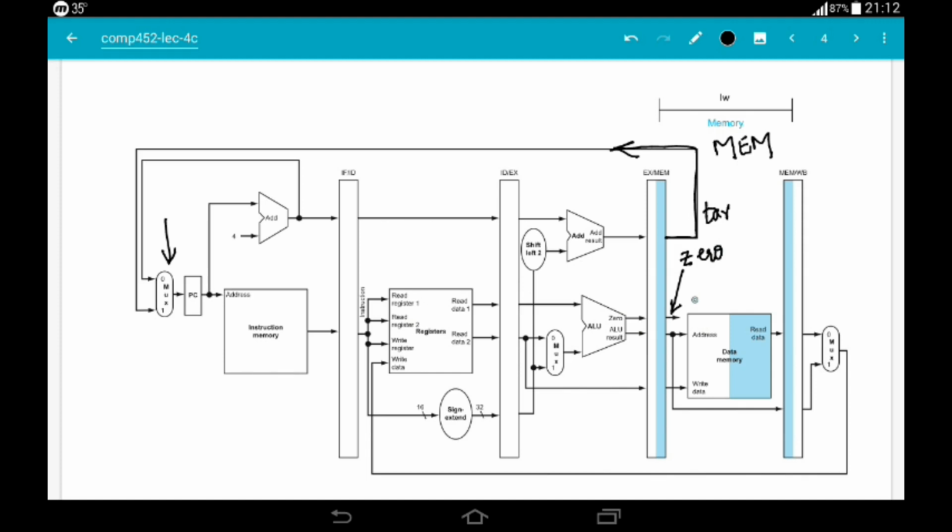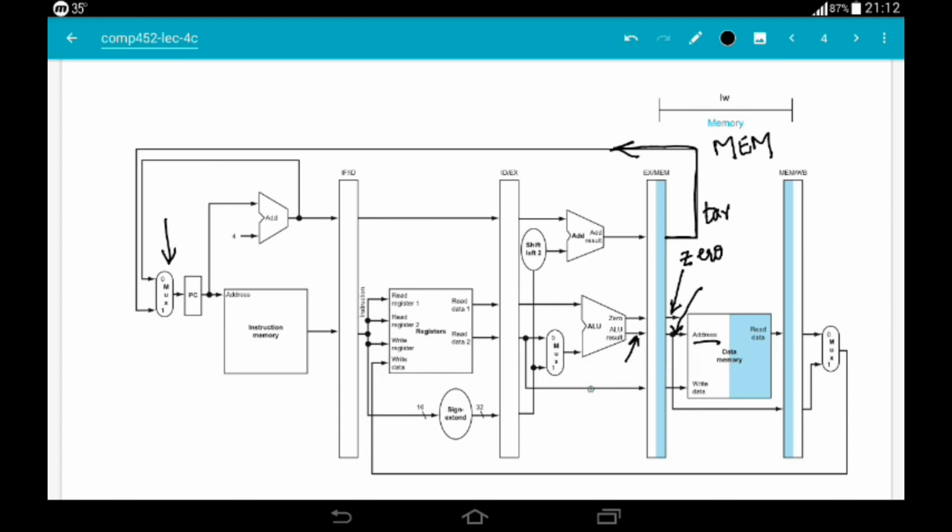Okay, now this is the address. This is the address which was stored in the pipeline register at this point. Now it is being read from the pipeline register and presented to the address input of data memory.